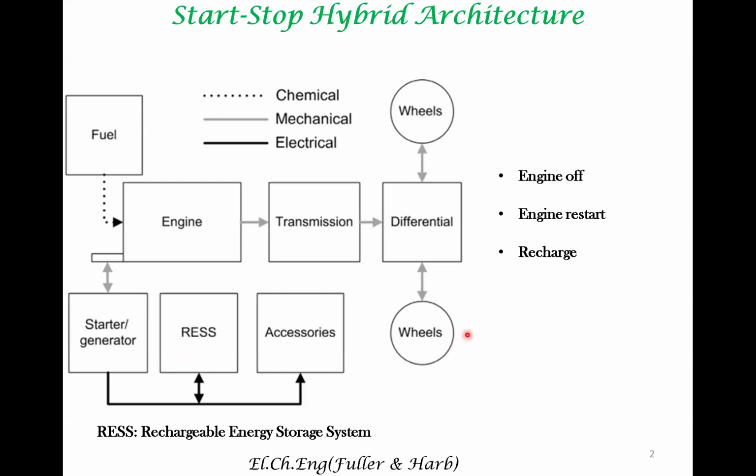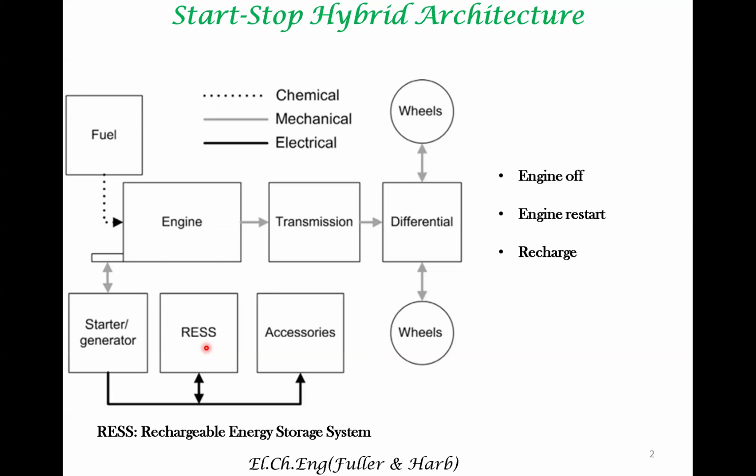So this start-stop hybrid architecture is very similar to a conventional car, because even in a conventional car, you had SLI batteries. The SLI starting, lighting, ignition batteries only contributed towards starting, lighting, and ignition.